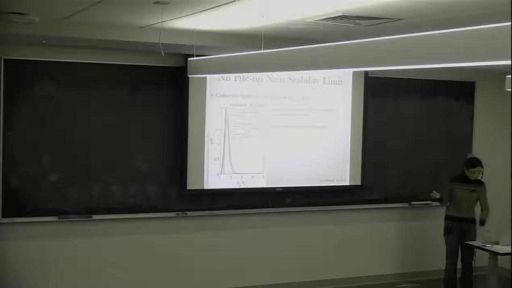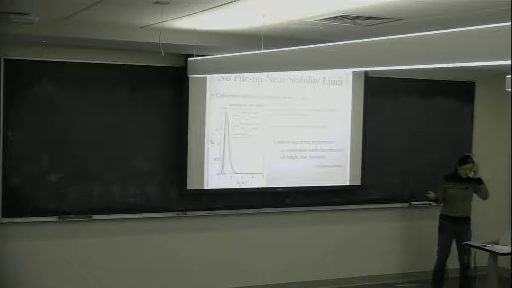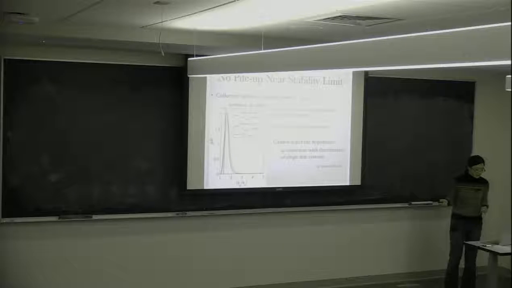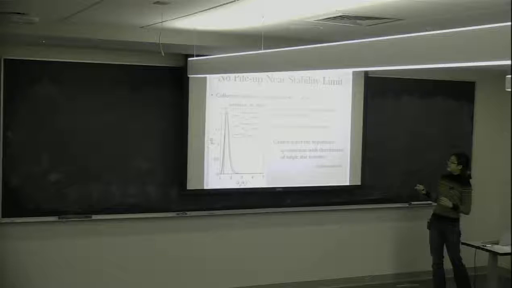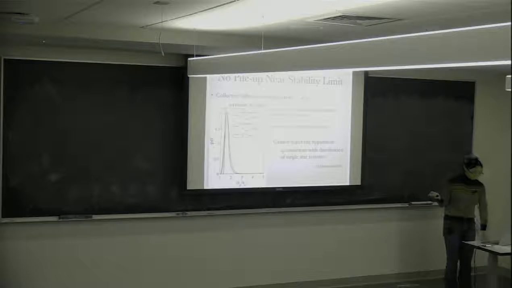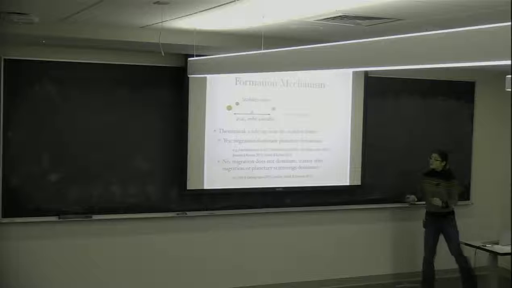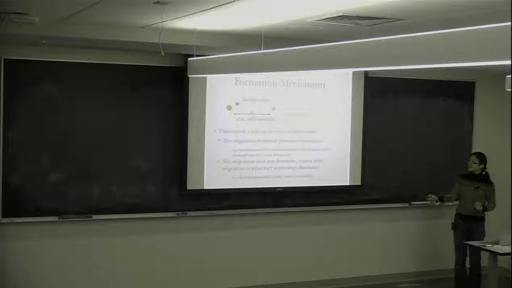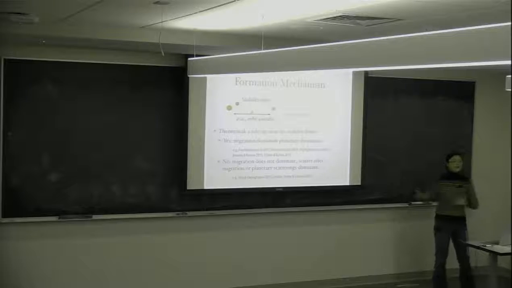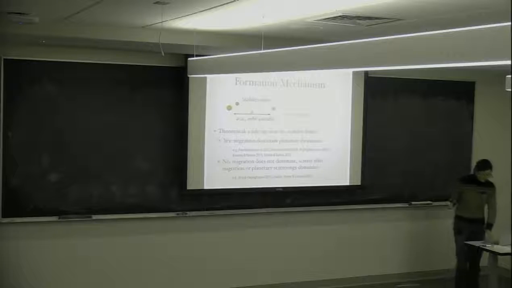So you cannot reject the null hypothesis. It is likely that the semi-major axis of the circumbinary planets is consistent with the distribution of single star systems. And getting back to the formation mechanism, it's also likely that migration does not dominate, or there is scattering after the migration of these planets.